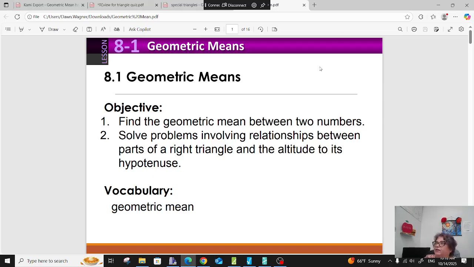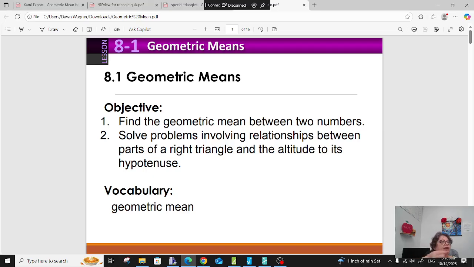Okay, so today we're going to find the geometric mean between two numbers. That's an actual operation, you know, like when someone says to multiply or sum or product, right? You know that you have to do something.